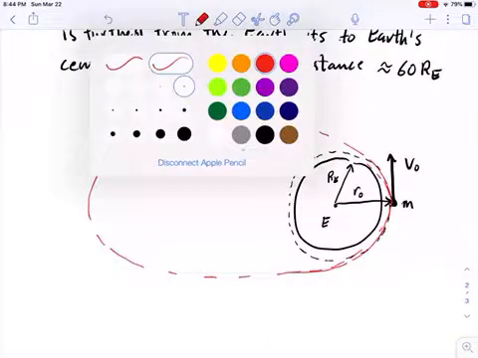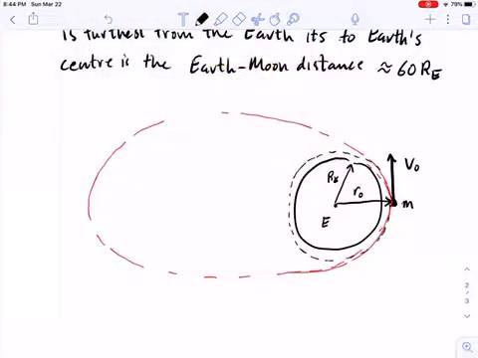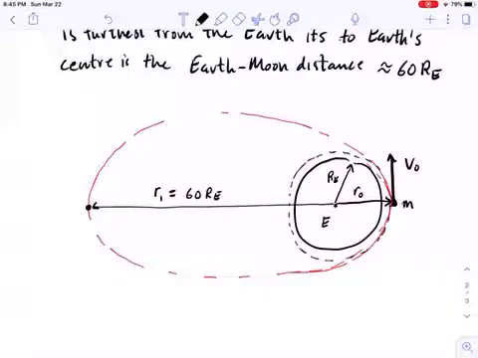And when it's furthest from the Earth, our satellite will end up over here, and this distance will be r1, which is going to be equal to 60 times the Earth's radius. And so that's equivalent to the distance between the moon and the Earth.